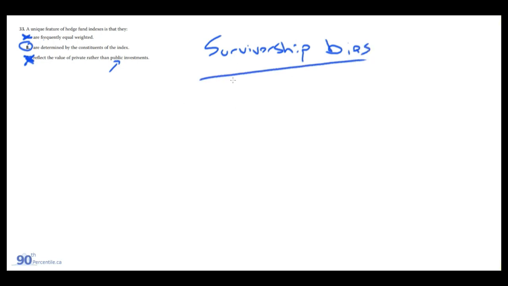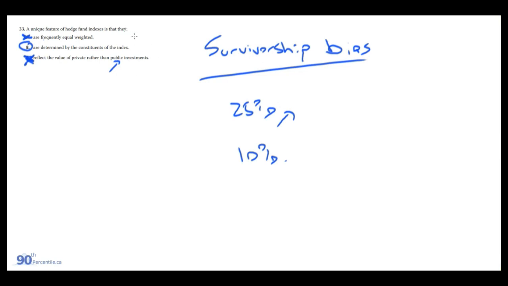which basically means that within hedge fund indexes, hedge funds by law don't have to report their return. They only have to report their return to their investors. So hedge funds who haven't had good performance that year, let's say the market returned like 25% and the hedge fund returned 10, well, they're probably not going to be boasting about that 10% return when someone could have just put it into an ETF and not paid their fees and done 25% instead, right?